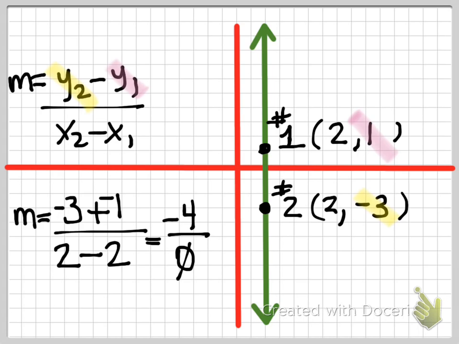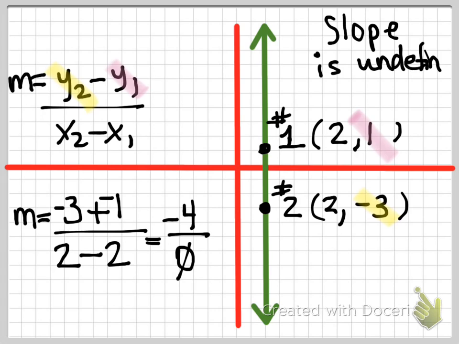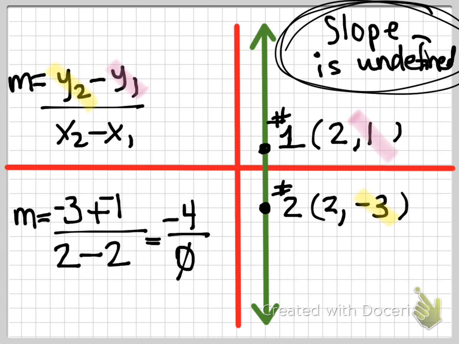Now any calculator that you put that into is going to give you an error. You cannot have a 0 as a denominator for a fraction. Therefore, the slope of a vertical line, or a straight up and down line, is undefined. So anytime you put points into your slope equation and you get an undefined value, or one that has a 0 for the denominator, that's undefined slope, and that's a straight up and down line.